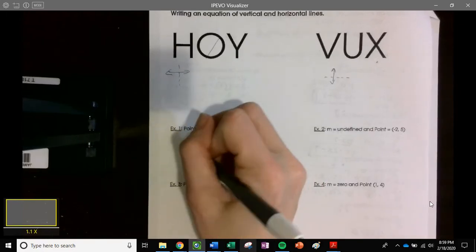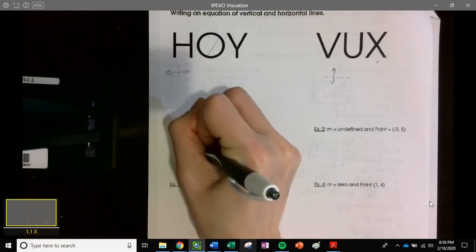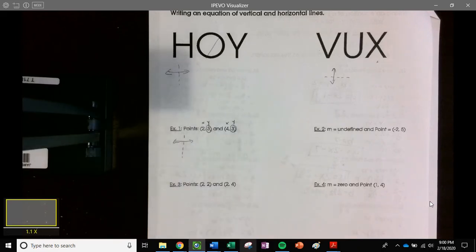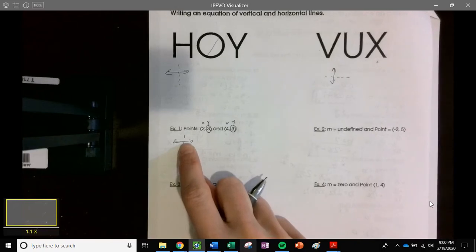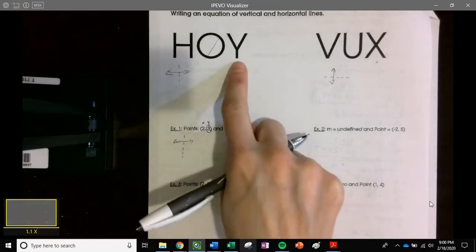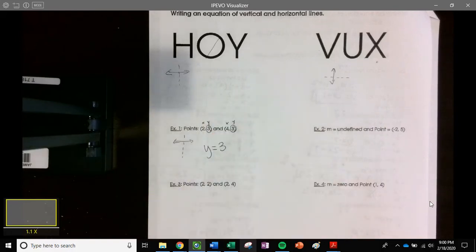So it's passing through the y-axis at the point of 3. It is a horizontal line.